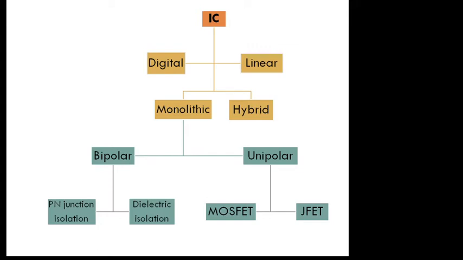From the word digital we can understand very clearly that all digitized circuits will be there, but the linear one is also well known as the analog IC. We will be focusing mainly on the digital IC, and for digital IC in principle we have two types of technology for the fabrication of this IC.